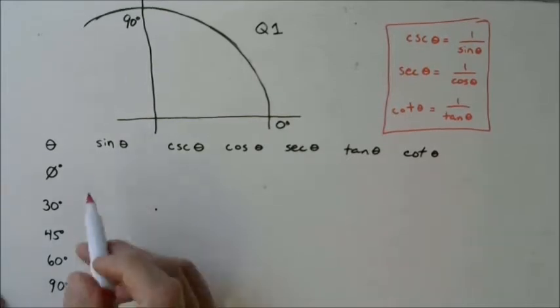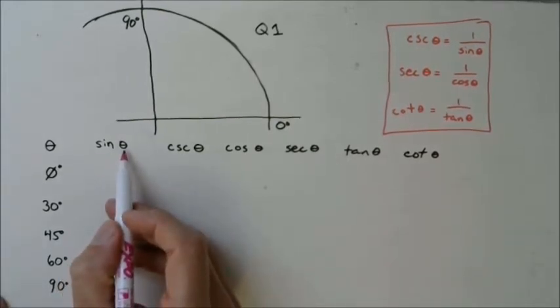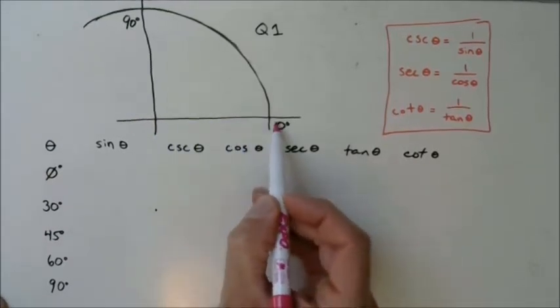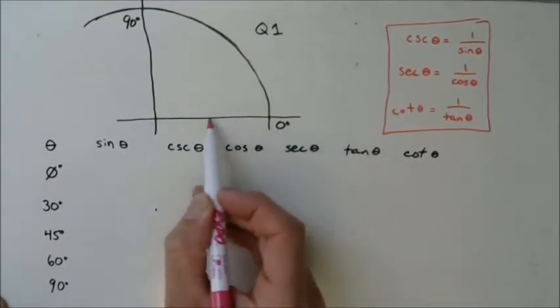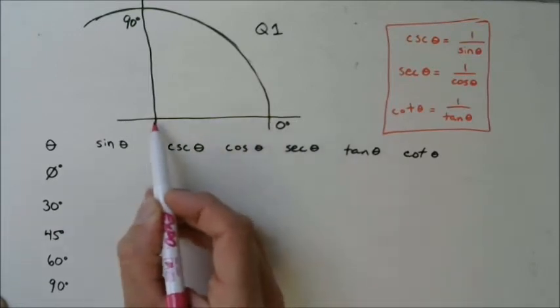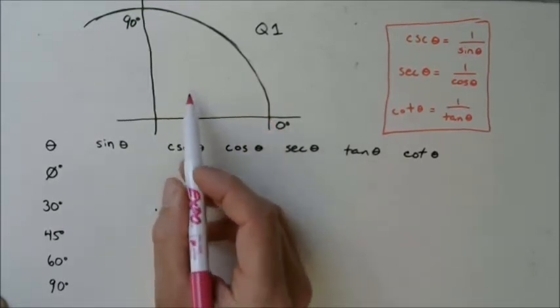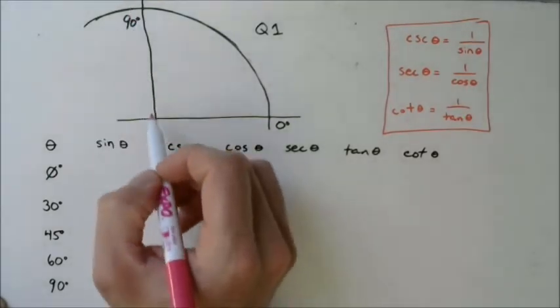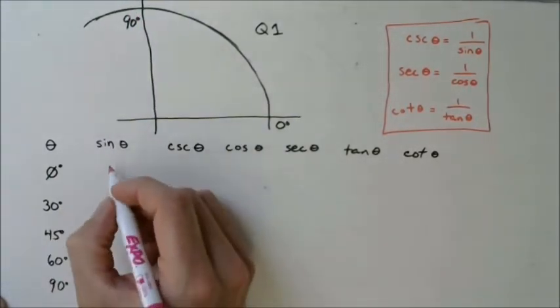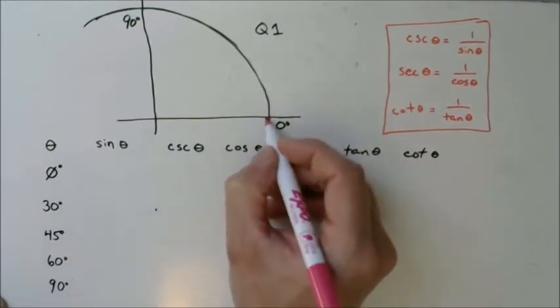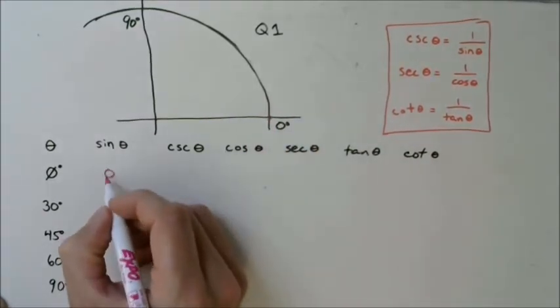But let's look at the sine of theta when theta is 0 degrees. So that's just a flat line here where the terminal and the initial arms are right on top of each other. No angle means no vertical change. So the y distance here from the x-axis is 0. So basically what we're saying is the y coordinate of this point is 0.